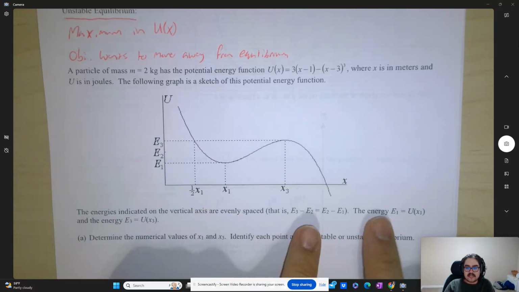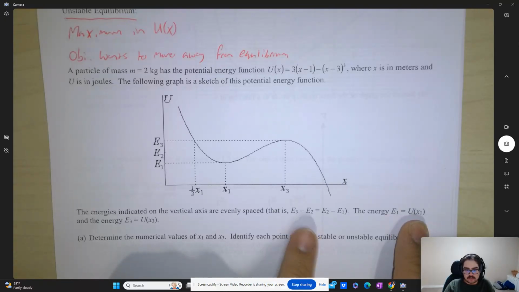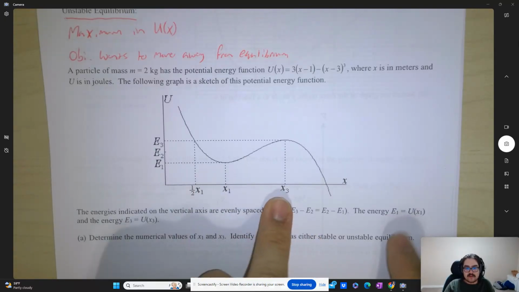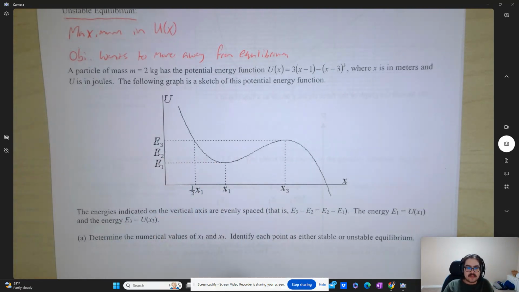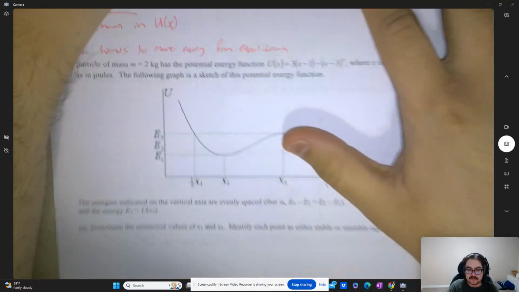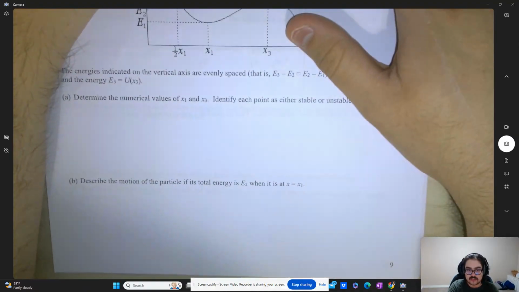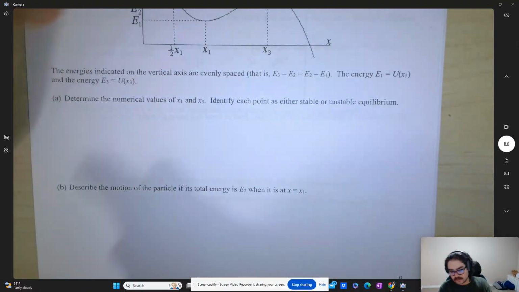The energy E1 corresponds to the potential energy at position x1, and then E3 corresponds to x3. There is no E2, so don't freak out about that. E2 is something that we're going to do a little bit later when we do total energy. Determine the numerical values of x1 and x3.